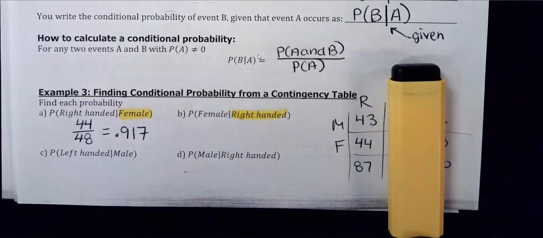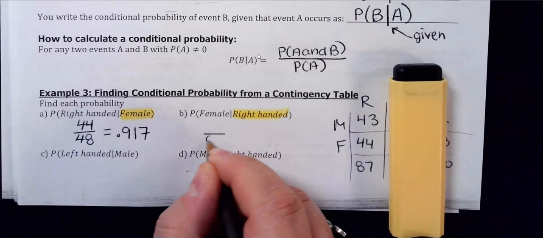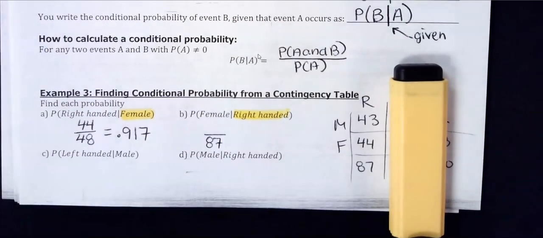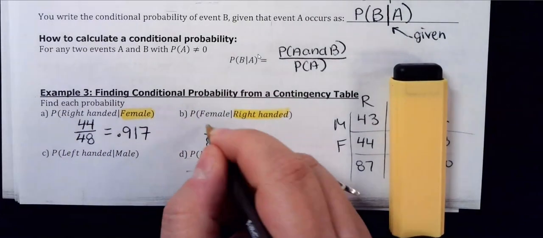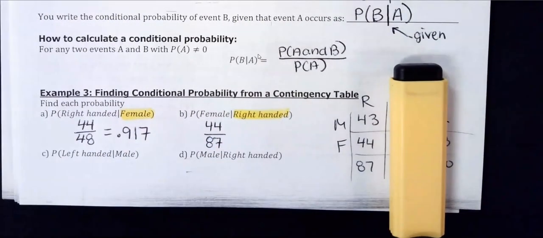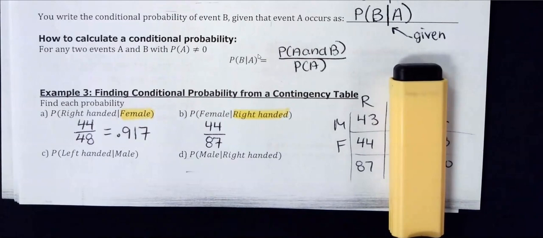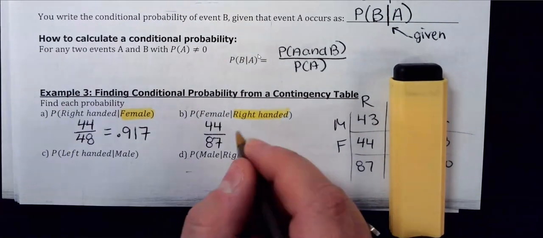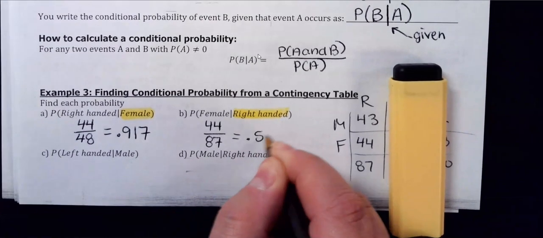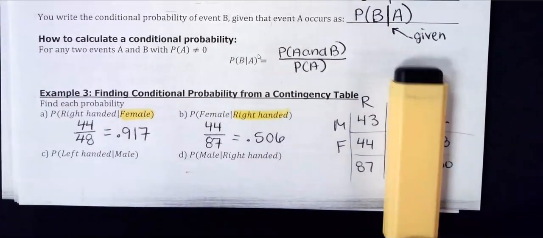The total number of right-handed people, which would be 87, goes on the bottom. And female out of that group is the 44 again, but you see I have a different number on the bottom because I had a different condition. So this is going to be 44 out of 87 this time, which is about 0.506 to 3 decimal places.